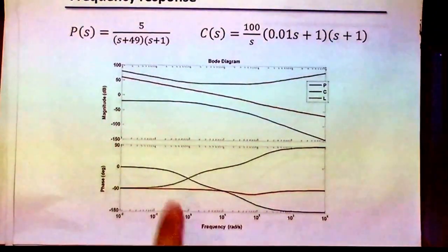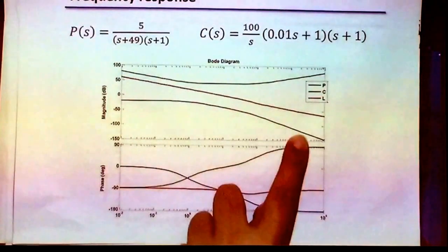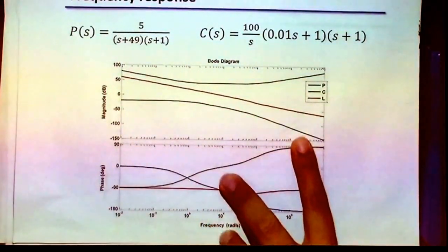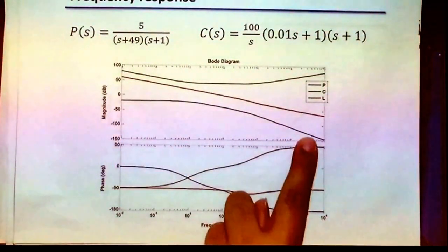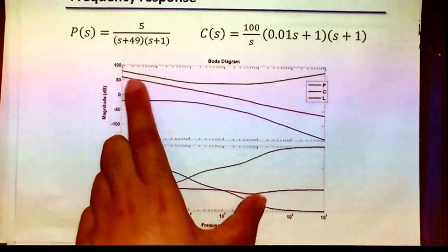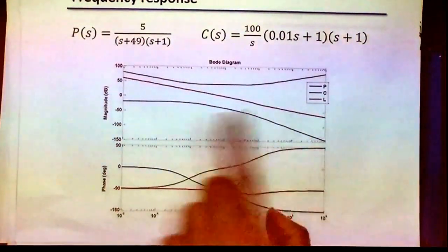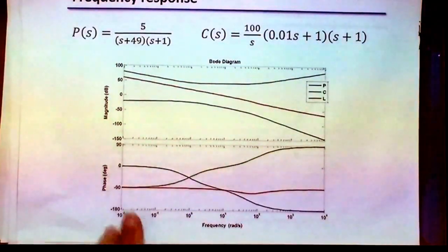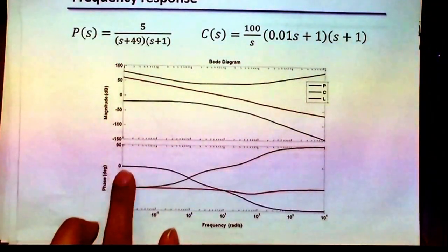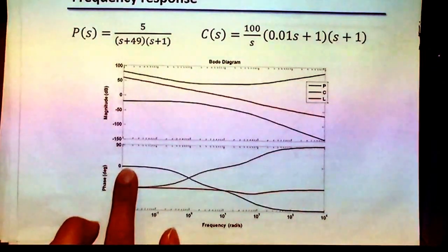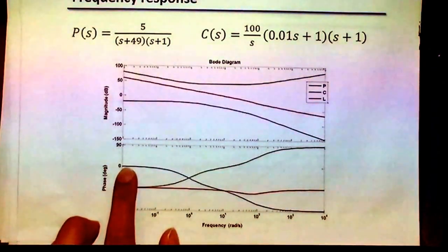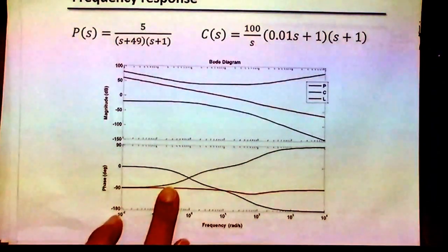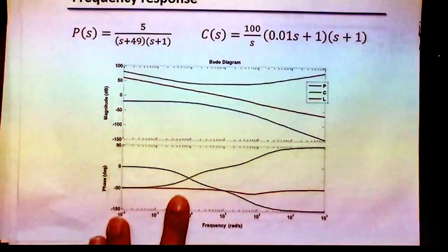For the magnitude, the line at the bottom is P, the line in the middle is L, and the line on top is C. For phase, at low frequencies, the line on top is P, the line in the middle is C, and the line at the bottom is L.